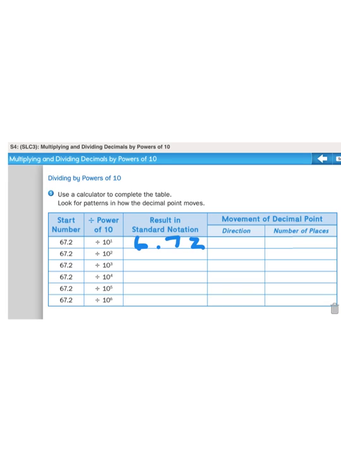Now, which direction did the decimal point move this time? It moved to the left, not the right like it did when we were multiplying. How many places did the decimal move? It moved 1 place. Go ahead and fill out the rest of the table, and then we will go over our answers.